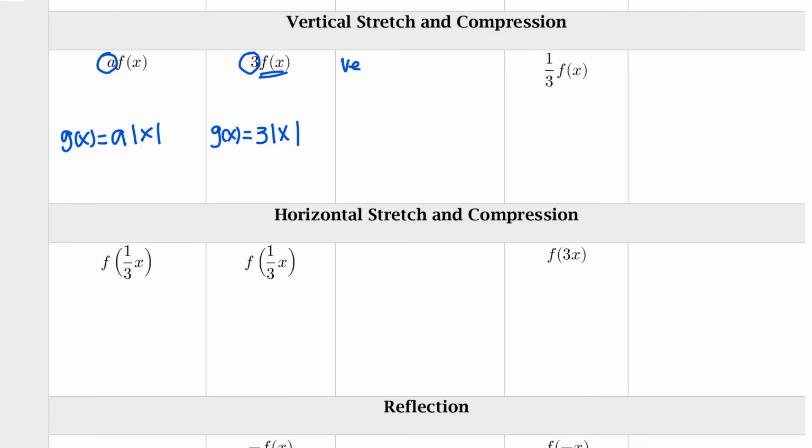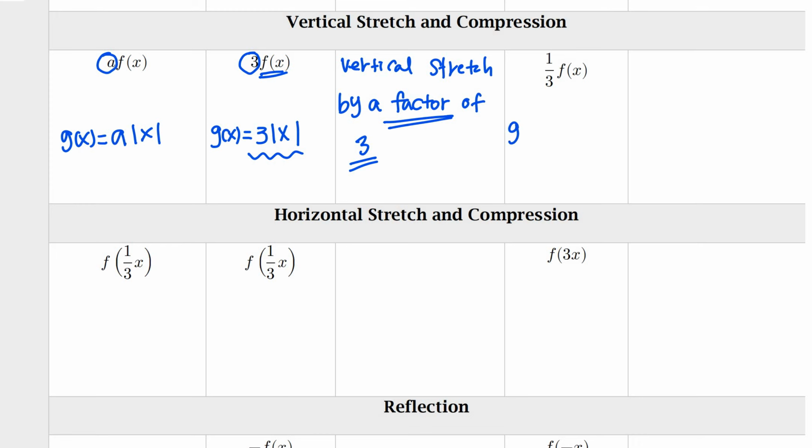So the verbal description is vertical stretch by 3 times, by a factor of 3. A factor represents multiplication, right?